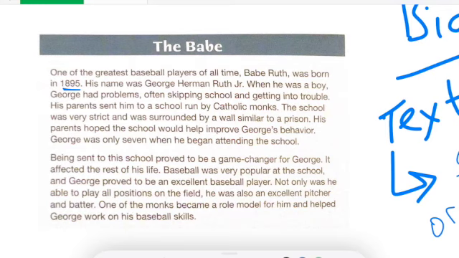And the author of this text uses words like "when he was a boy." And there's another thing that tells about the order here. Where was it? He was only 7. There it is. "Was only 7." "Was" is also used.